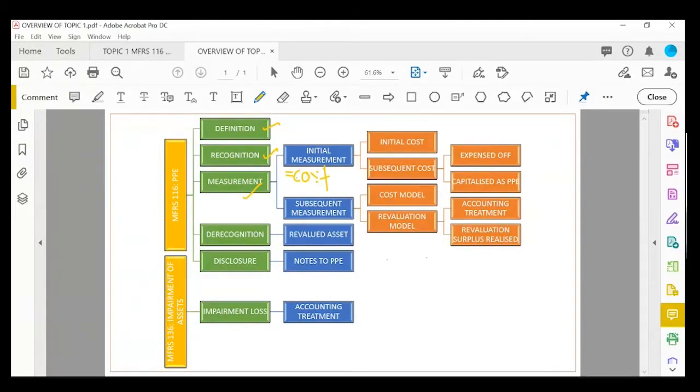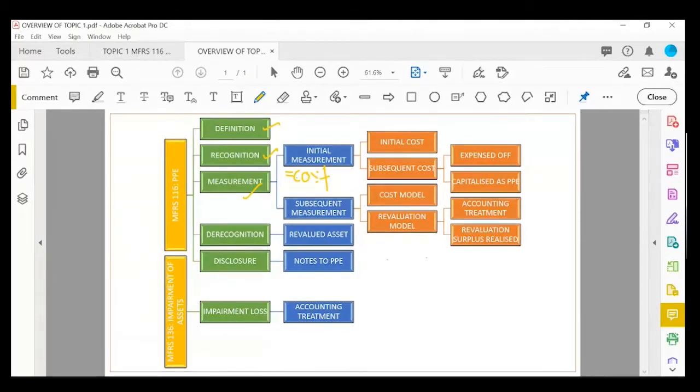And there are also situations where this cost is equal to the fair value. For example, asset exchange. In an asset exchange, there is no cash consideration involved in the transaction, so we need to use the fair value. So initial measurement is to guide you to record for the first time.